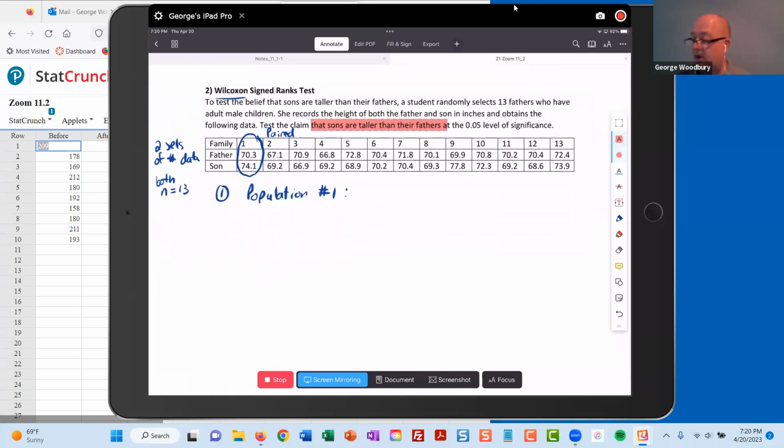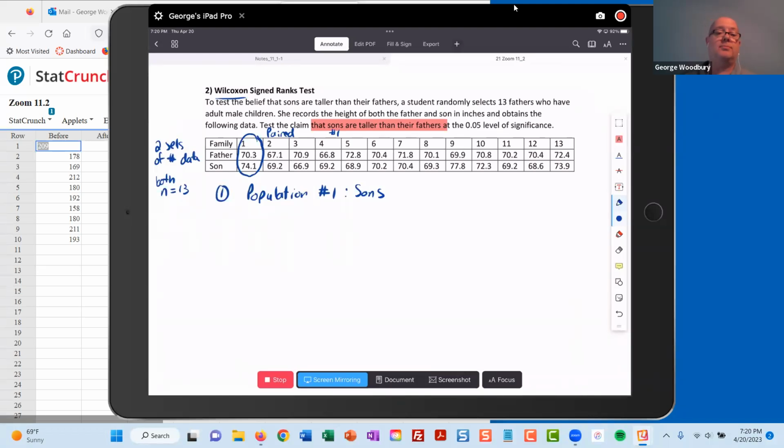And so it mentions sons first, and this is the most dangerous one. Because if we use sons as group 1, notice that the data for fathers shows up first and sons shows up second. There's a real good chance to get those backwards from each other. And we definitely want to be careful of that.